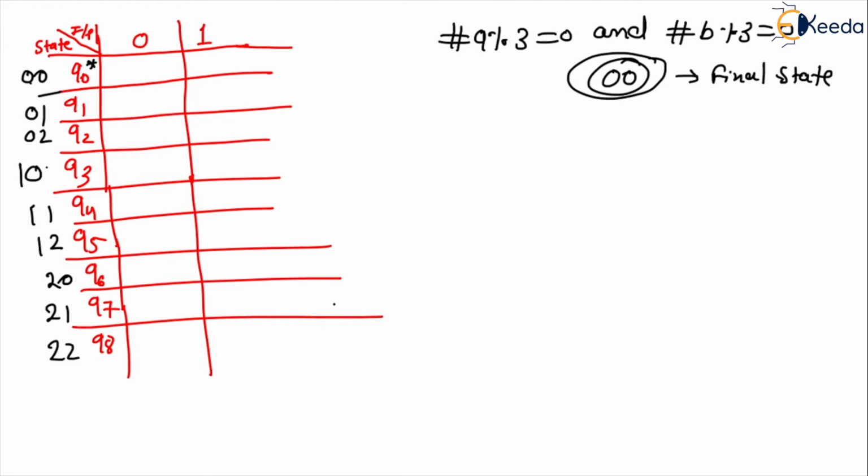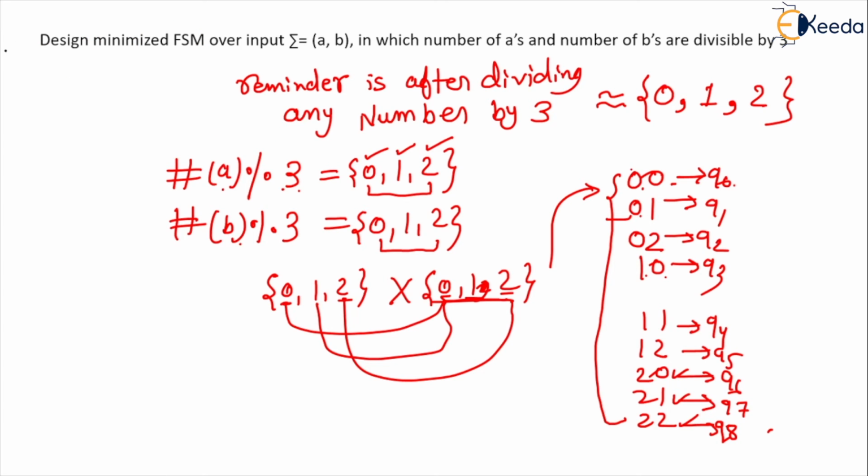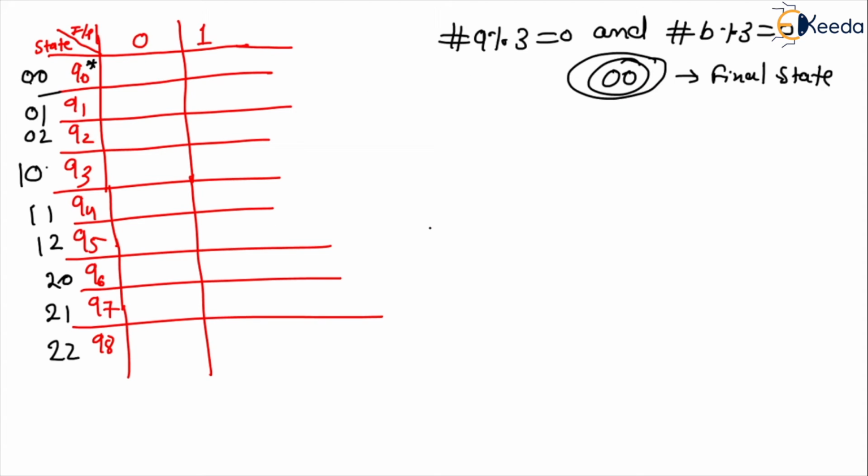Got it? So Q0 is the final state, and is Q0 the initial state? Yes. What is the minimum string that is accepted by this particular language? What is the minimum string in which the number of A and number of B are divisible by 3?